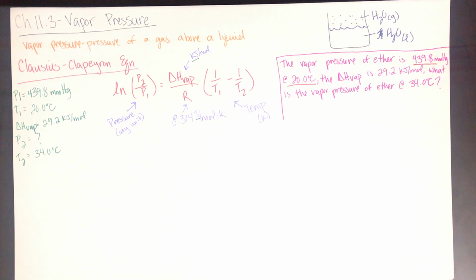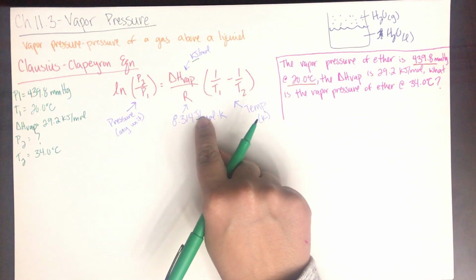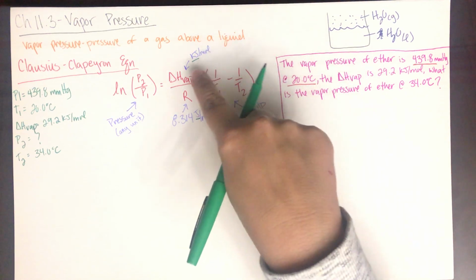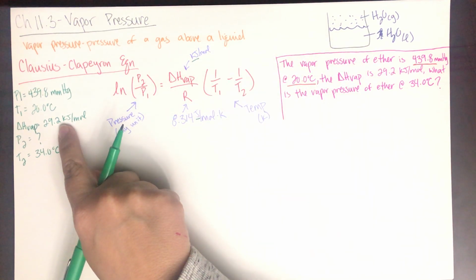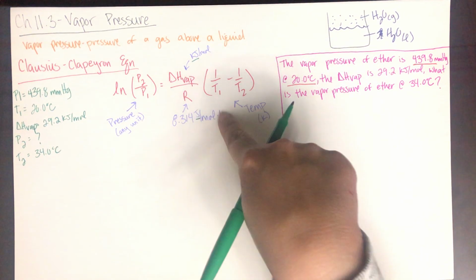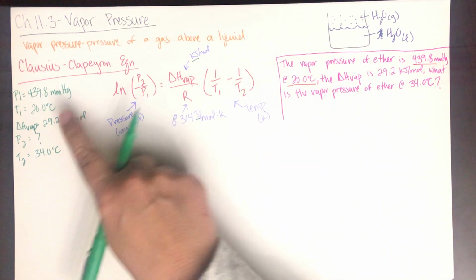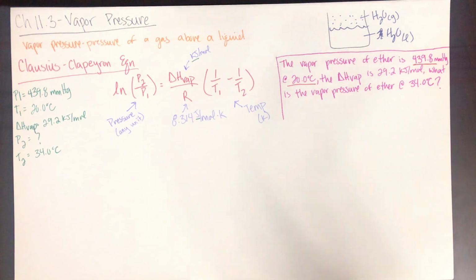Things to pay attention to. You are going to be using R in joules, and you're going to be using the heat of vaporization in kilojoules. So I am going to go ahead and convert kilojoules to joules, but you could do either.